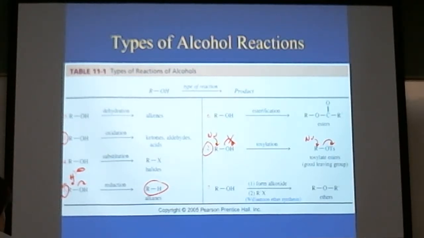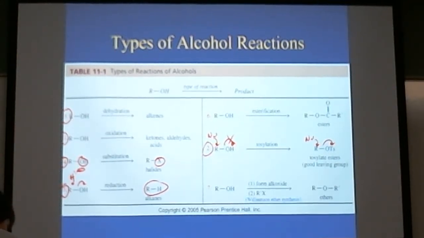Okay. Then we're going to look at substituting your OH for something else. We looked at the reverse, substituting, let's say, a chloride by OH. Now we're going to look at the reverse of that. We're going to look at dehydration. We looked at adding water across an alkene to give an alcohol.